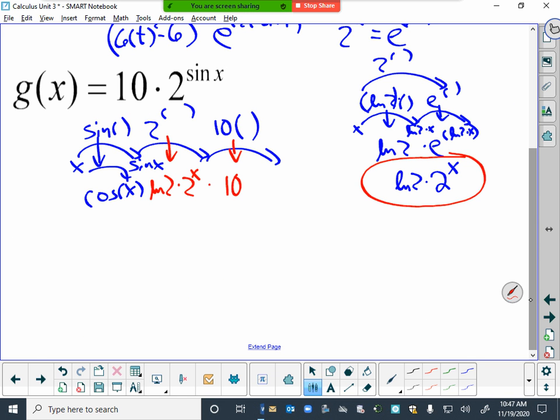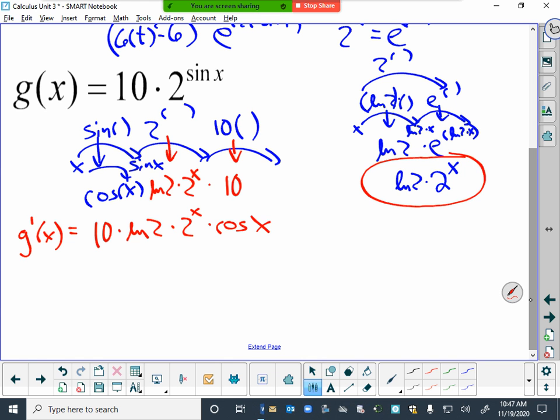And so if I pull things out, I've got 10 times the natural log 2, those are the constants, times the 2 to the x, times the cosine x. And this would be the derivative of 10 times 2 to the sine x power.